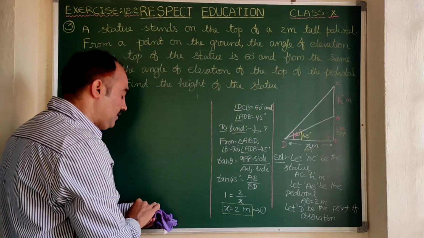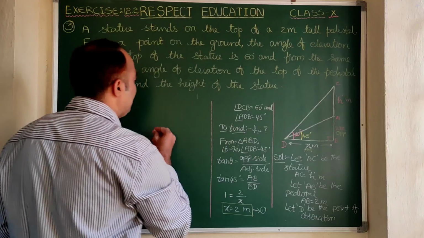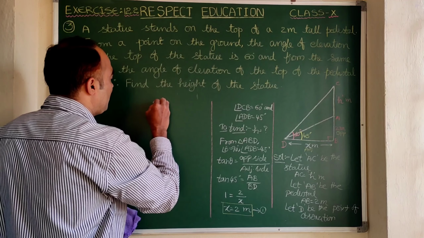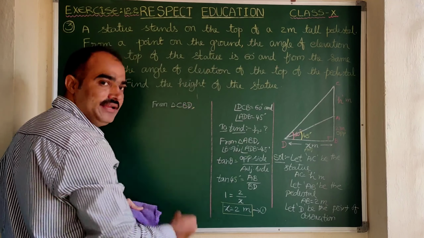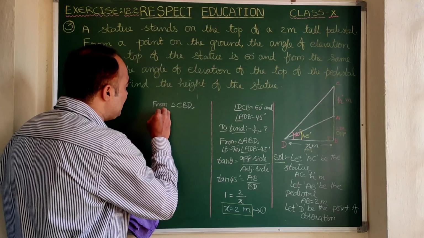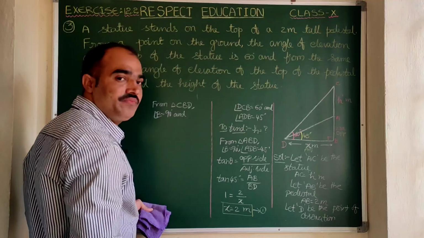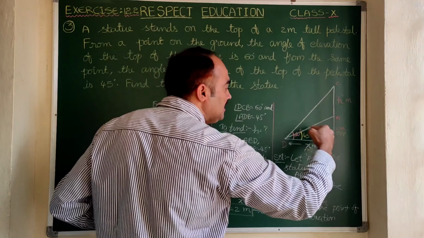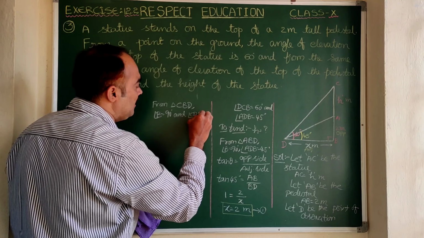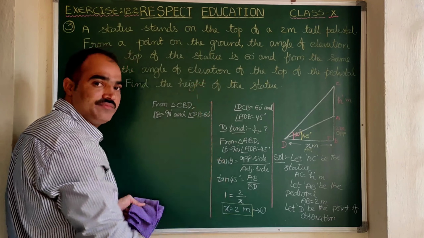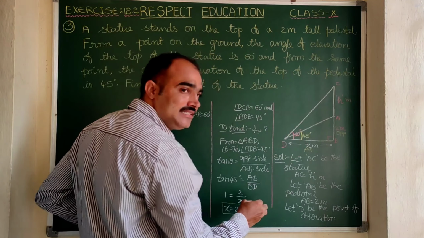And here we are able to see one more right angle triangle, that is triangle CBD. From triangle CBD, in which angle B is equal to 90 degrees and also angle CDB is equal to 60 degrees. Now again let us assume that we are standing at 60.